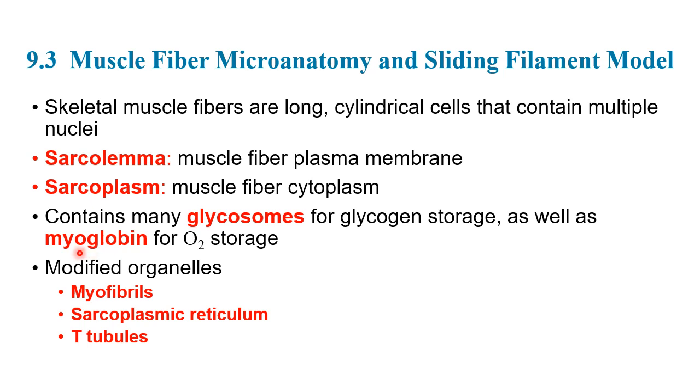You're also going to find myoglobin. Myoglobin is good for storage of oxygen in case you need it right away, instead of waiting for the circulation to bring new oxygen in the form of hemoglobin, so myoglobin is stored in the muscle for immediate usage.